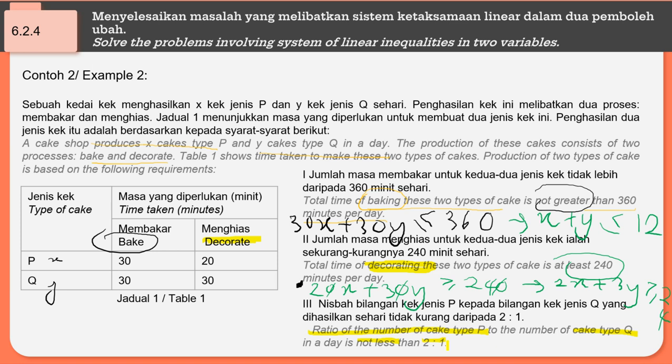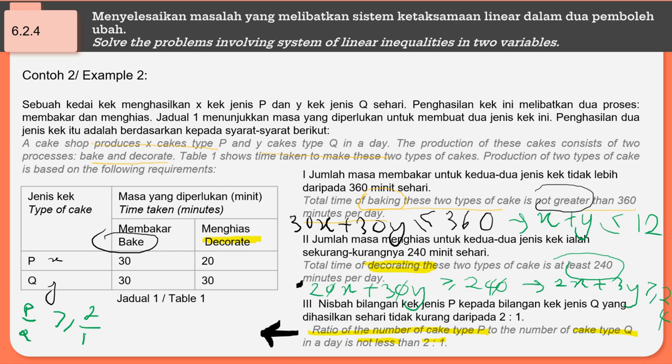So here I write on the left part: P over Q because of the ratio. Not less than that, so greater than or equal to 2 over 1. Numbers greater than that we accept, but numbers less than that we cannot accept.